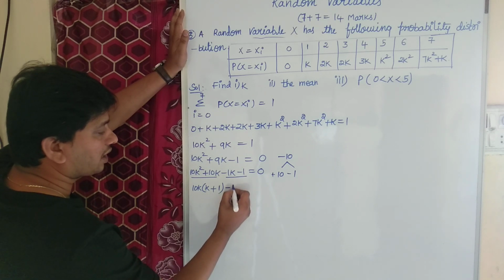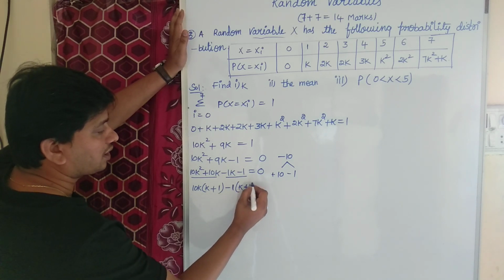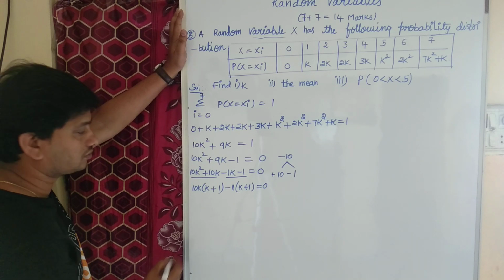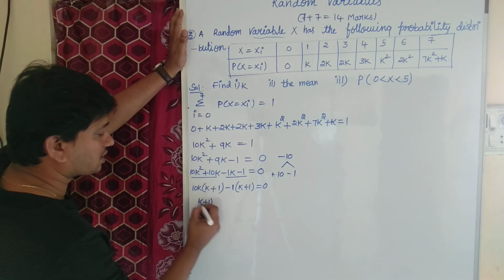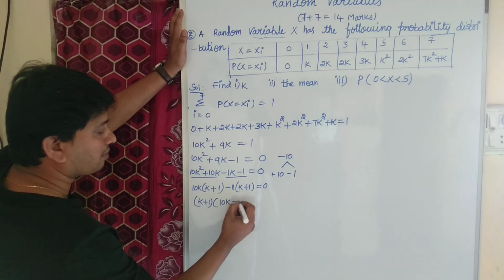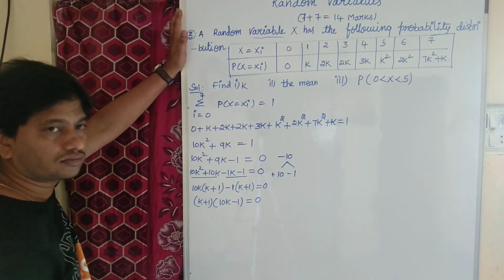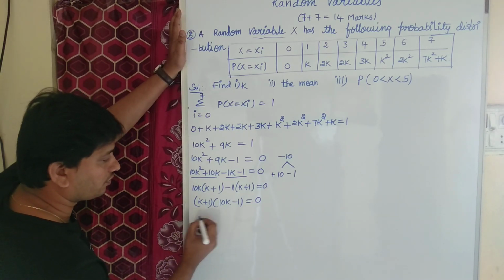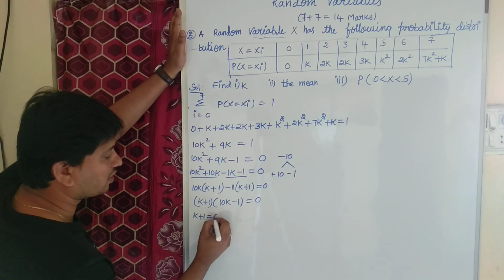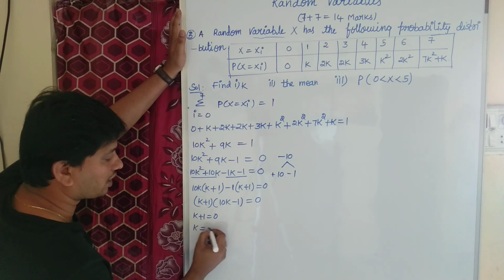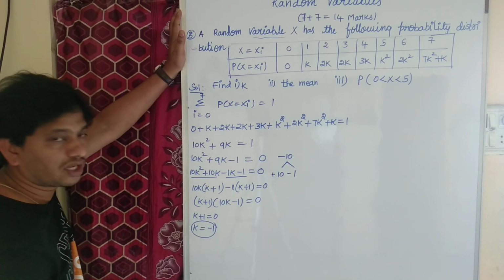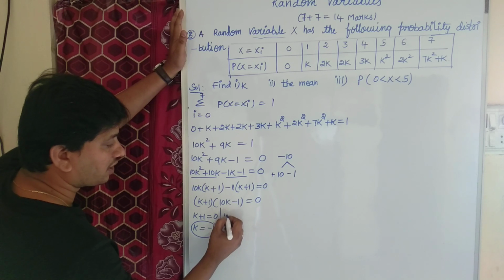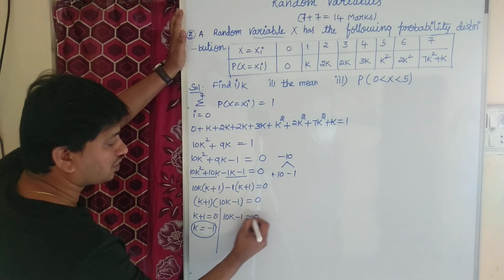From these two terms I can take minus 1 common: again 10k plus 1 equal to 0. If I take k plus 1 as common, 10k minus 1 equal to 0. Right? So one is k plus 1 equal to 0; you transpose the 1, k is minus 1, which is a negative value, so neglect it. The second one is 10k minus 1 equal to 0.